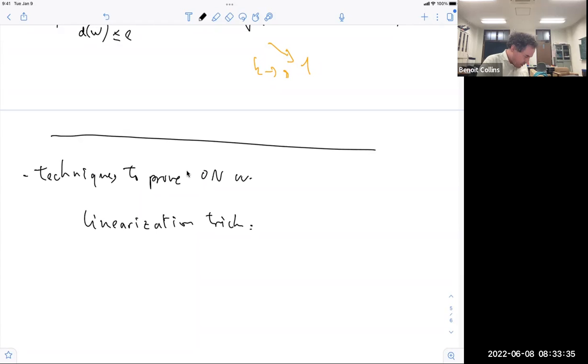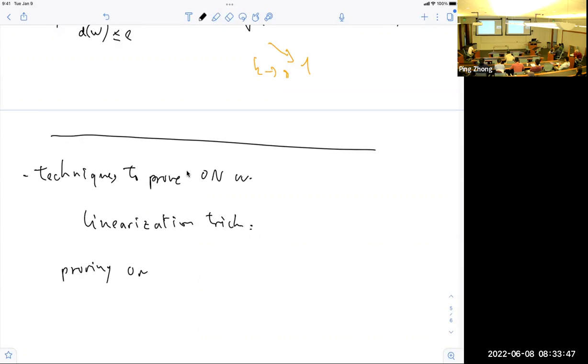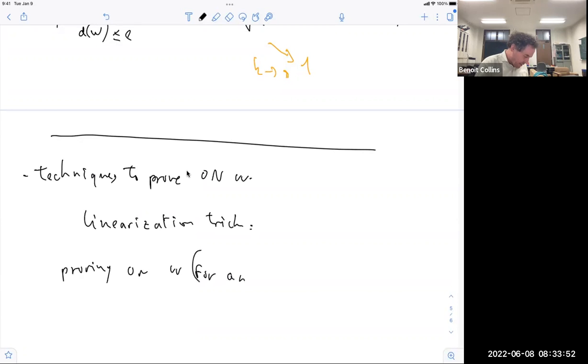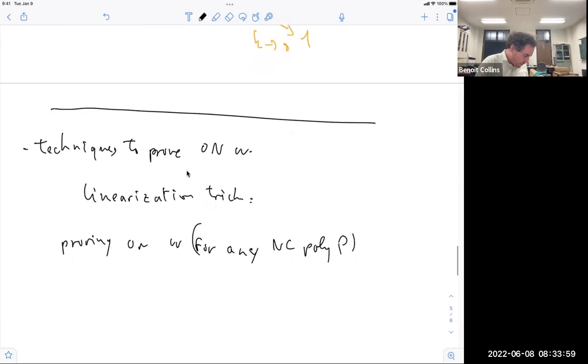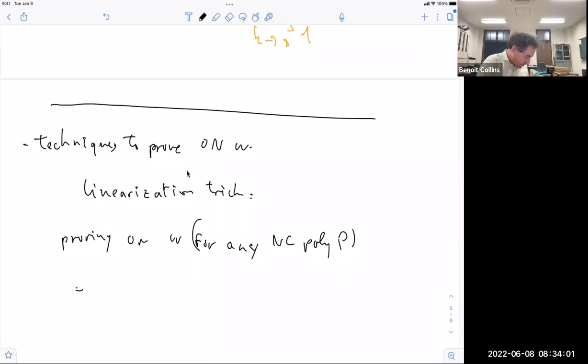It is that proving operator norm convergence for any non-commutative polynomial P is equivalent to proving spectral convergence.